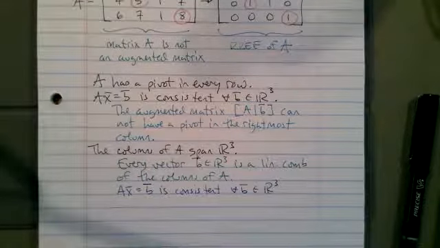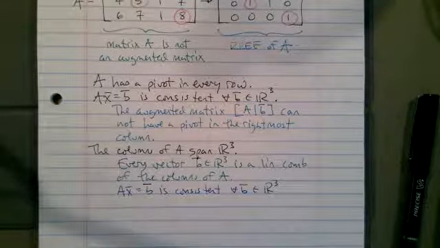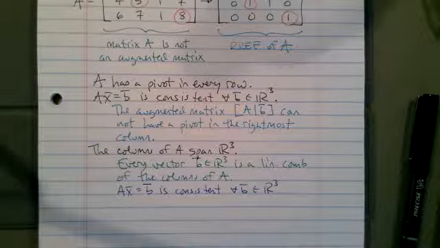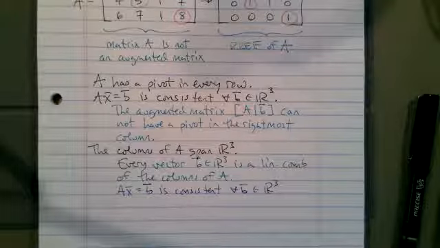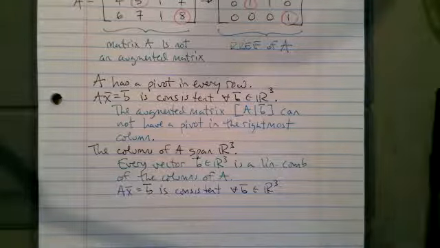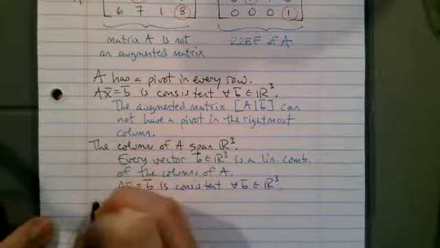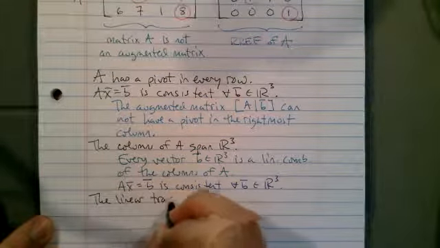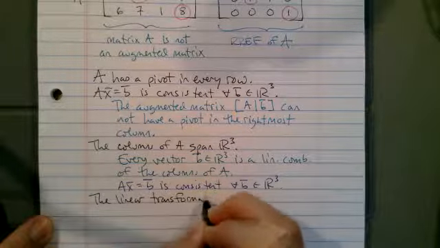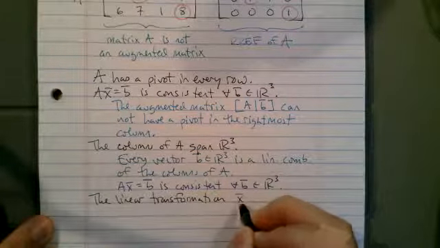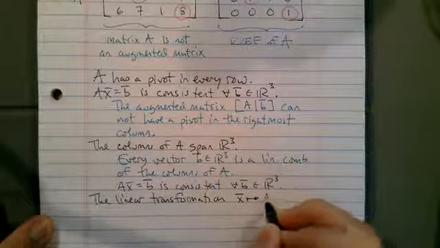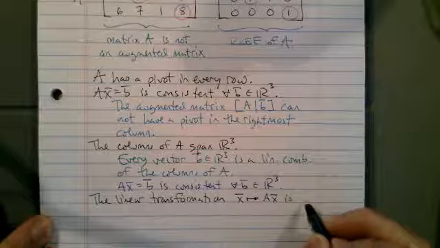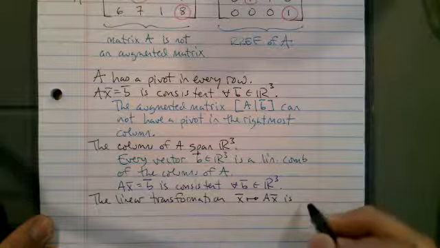So the other thing that we've added to this, since we started talking about linear transformations: when A has a pivot in every row, we can say the linear transformation given by x to Ax is onto. I'm going to say surjective. I'll say onto.